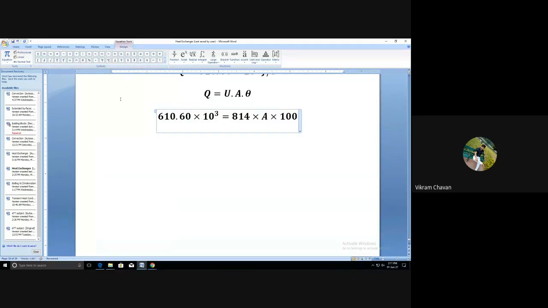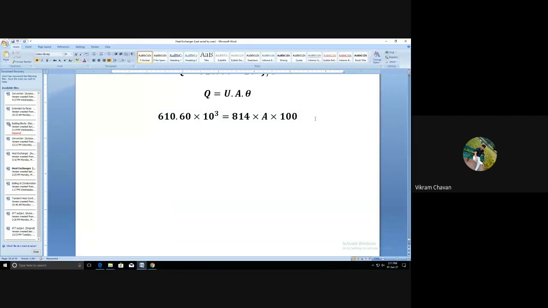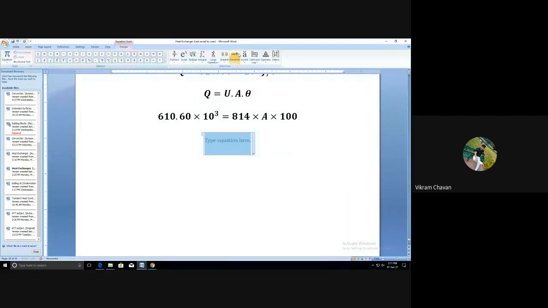Now calculate A and please let me know the A value. 8.244. Please check once again. Right, 7.5 something, 7.5, and its unit is meter square.